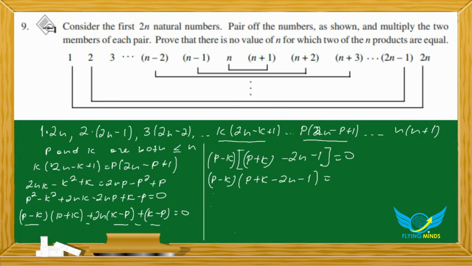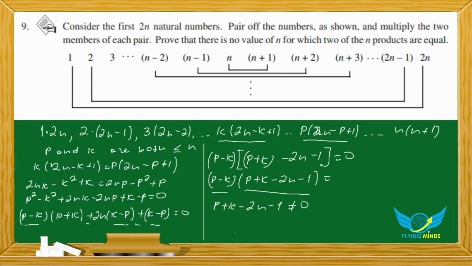So for this expression to be equal to 0, one of the terms must be equal to 0. But we know that p plus k minus 2n minus 1 is not equal to 0, right? That's not equal to 0 because we assumed that p and k are both less than or equal to n. So even if, let's say, p and k are both equal to n, then we have 2n minus 2n minus 1, so it's not 0.